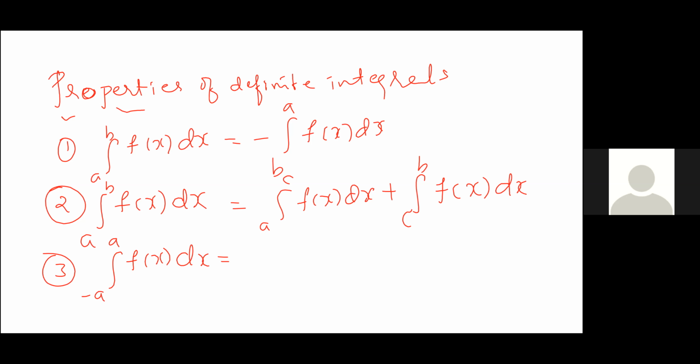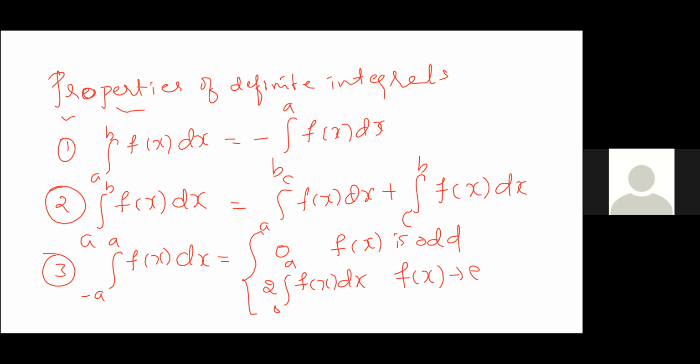It will be 0 when f of x is odd. It will be 2 times the integral over 0 to a of f of x dx when f of x is even.